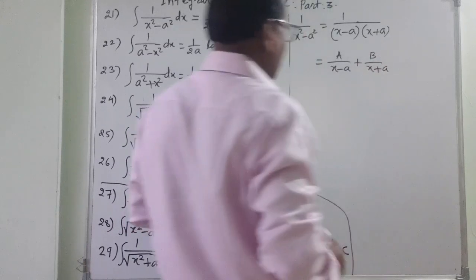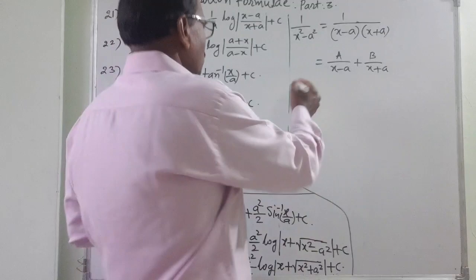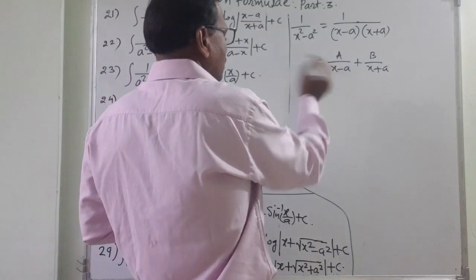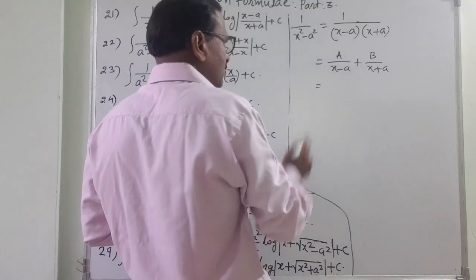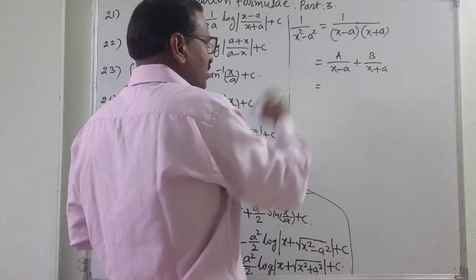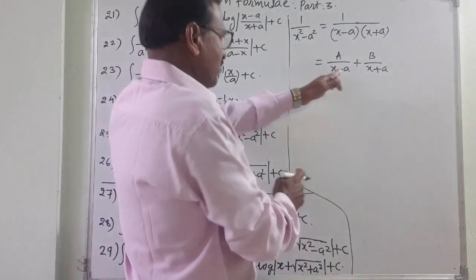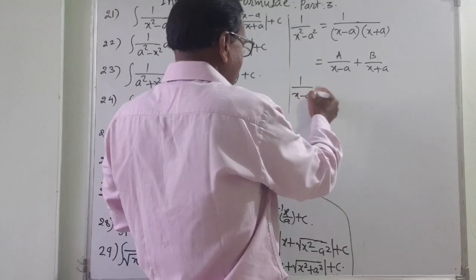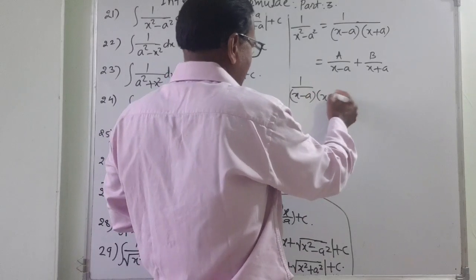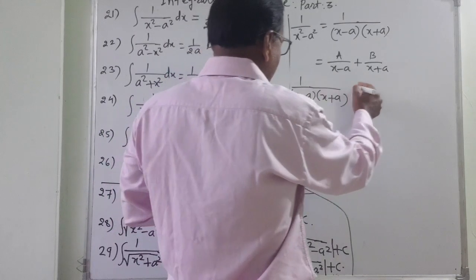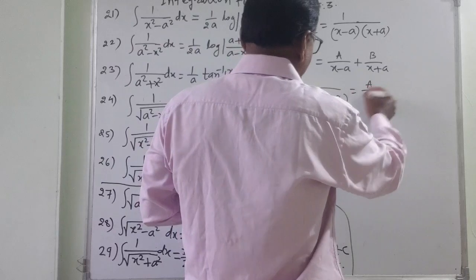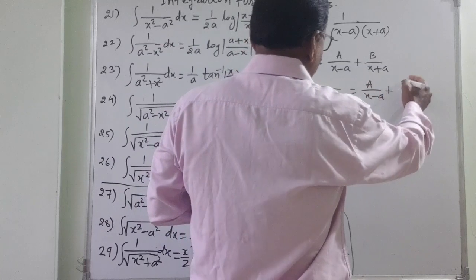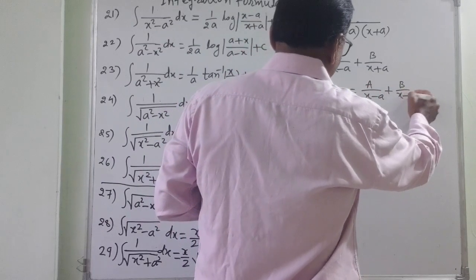I don't know these values. So 1 upon x square minus a square is equal to A upon x minus a plus B upon x plus a.